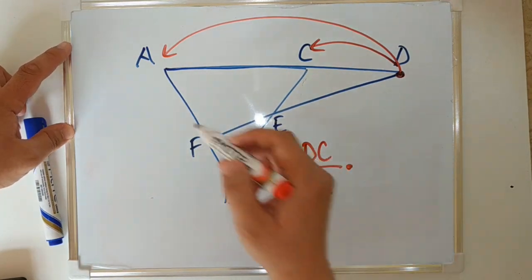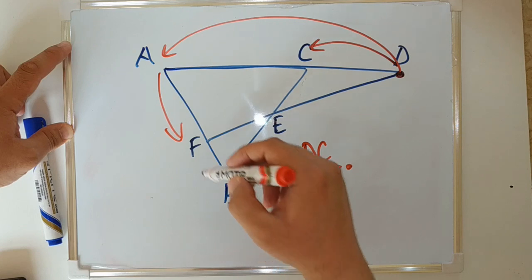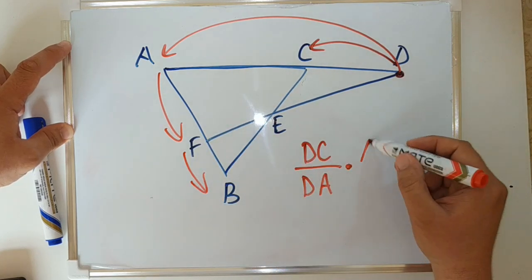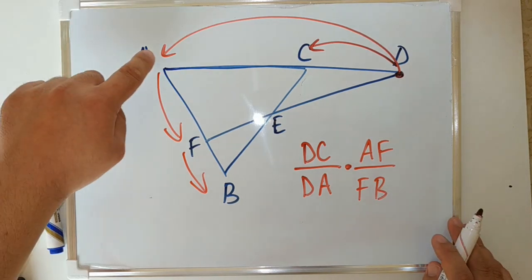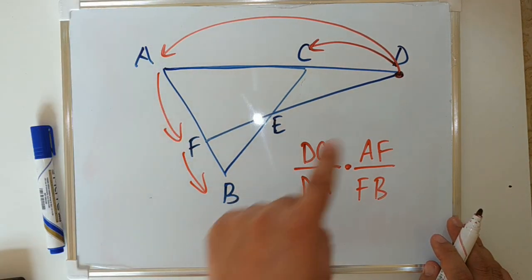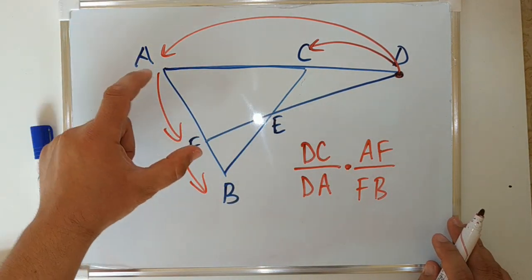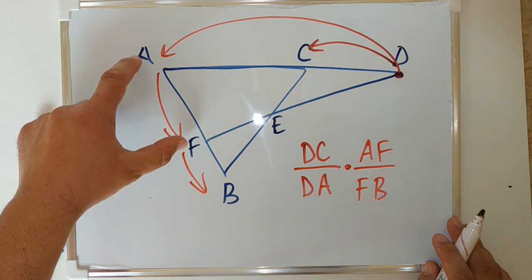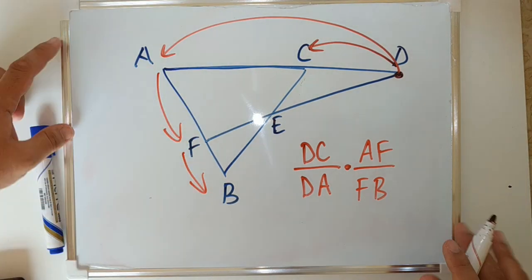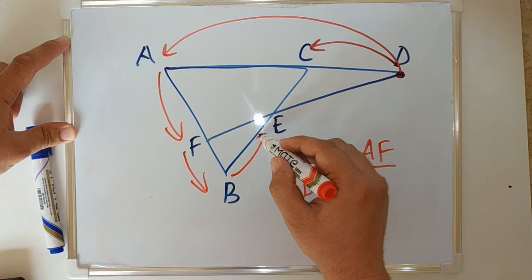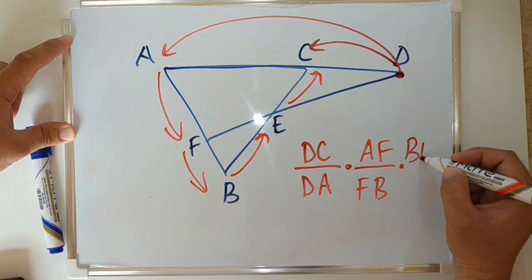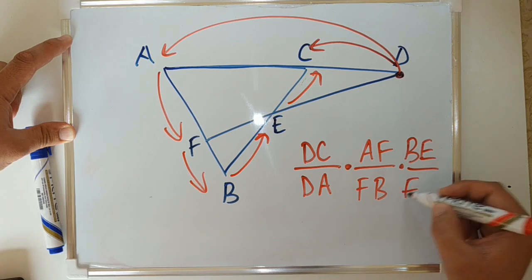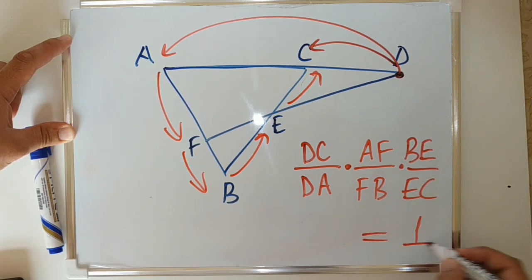And then AF over FB. Be careful, not AF over AB, just like in the first one. This time AF over FB, and then BE over EC is equal to 1.